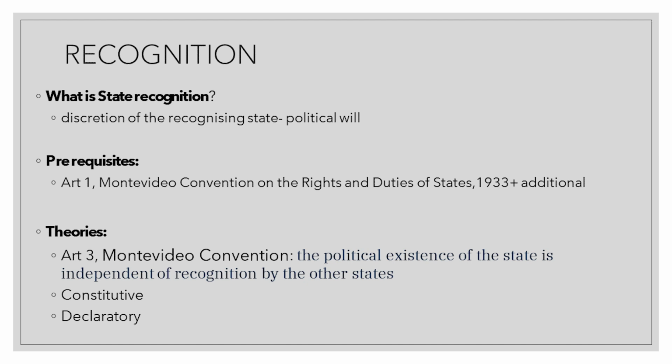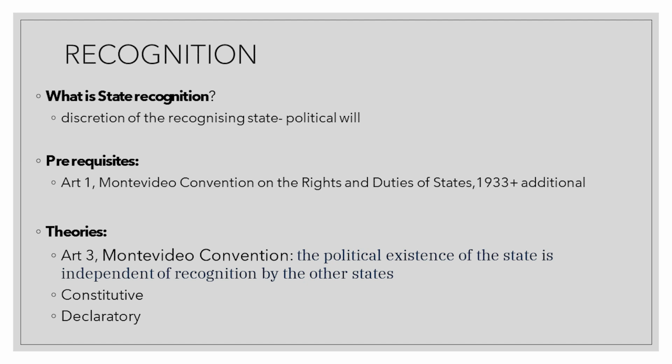This means that the existing states of the world cannot be forced by the new political unit saying, now I have fulfilled these 4 conditions, now you are under a legal obligation to recognize me as a state. Right? Now, this may sound a little confusing, but we'll clarify on this point later when we discuss theories.